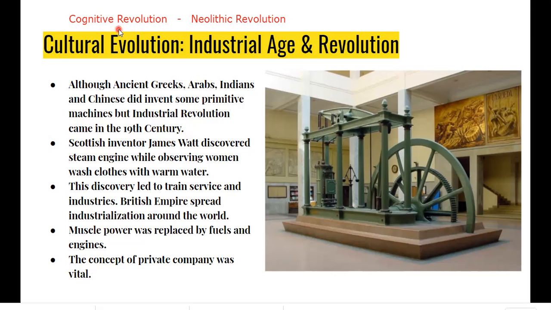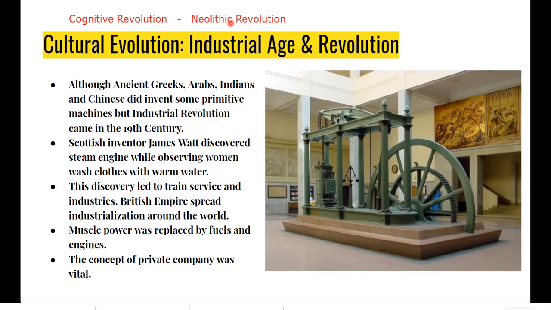So, what happened in the cognitive revolution? Human brains evolved rapidly. They became intelligent, they became top hunters, and then in the Neolithic revolution, these tribes discovered agriculture.